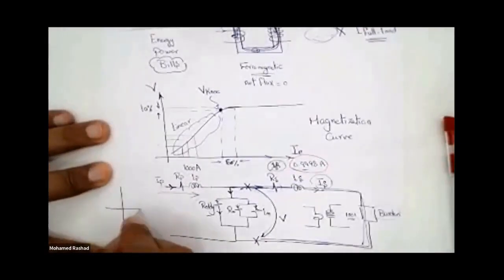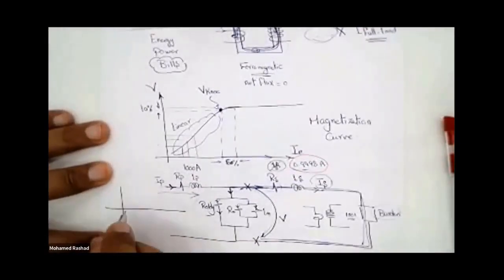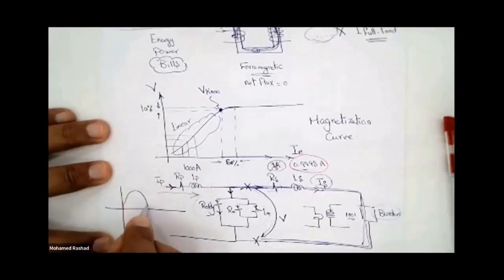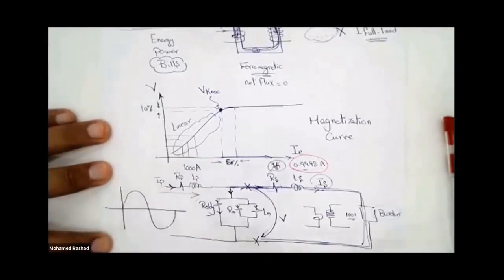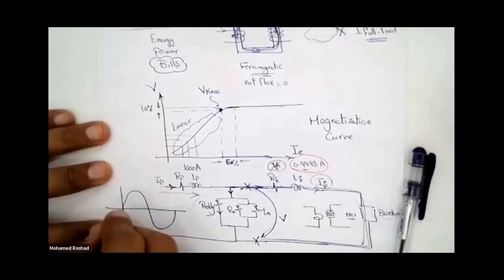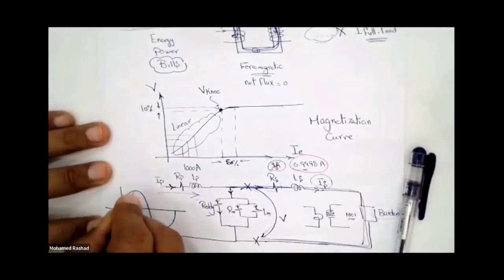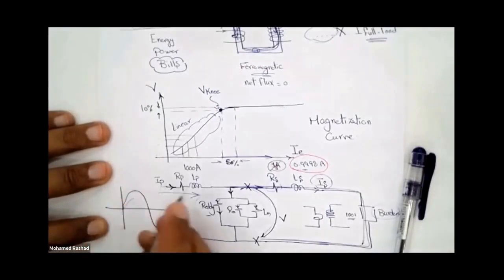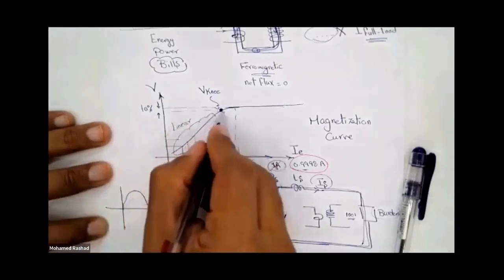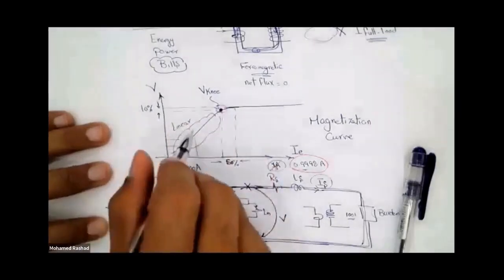It means that, for example, if this sinusoidal wave in blue is the primary current, I will find that the secondary current increases with me according to the ratio, until it reaches a stage where it cannot increase more than this, which is the knee point area.